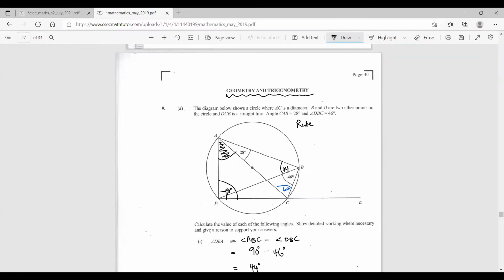There's a rule that says any angles formed at the circumference from the same chord are equal to each other.